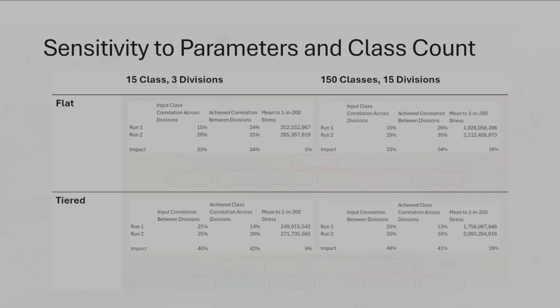The other thing I've considered is simulation error. So we've done 10 runs and looked at the stability of this number, the stress number. Of those 10 runs, there's a range of the highest to the lowest achieved output from the different runs, the different seeds, and the standard deviation across those 10 runs. And we see here, as we compare the flat to the tiered, empirically not very different, similar kind of range, similar kind of standard deviation.